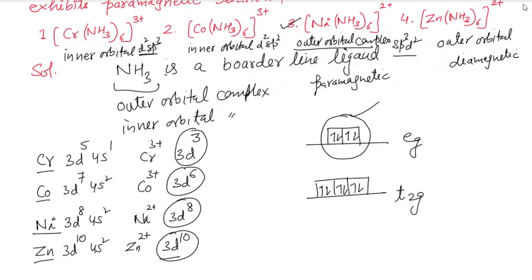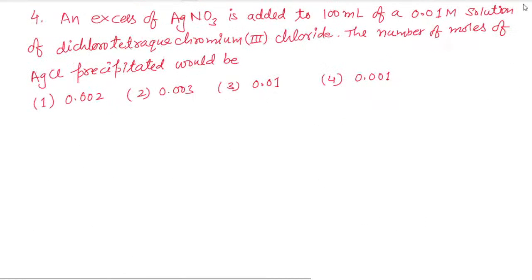Okay. Now question number 4. An excess of AgNO3 is added to 100 ml of 0.01 molar solution of tetraaquadichlorochromium 3 chloride. The number of moles of AgCl precipitated would be?